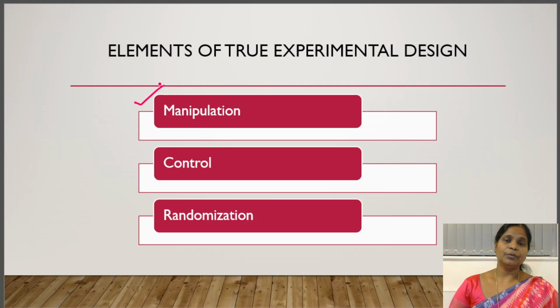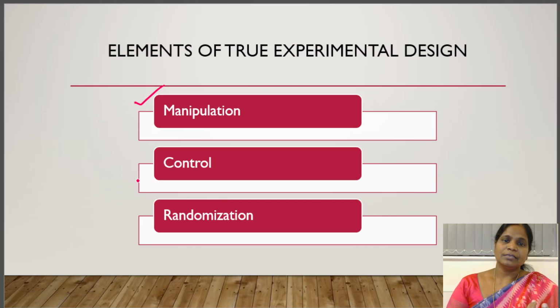So here manipulation is done by the researcher, where he changes the environmental settings purposefully. I hope you got the meaning of manipulation. These three elements are very important. Unless you have an understanding of this, you cannot proceed further. You will not understand any designs.